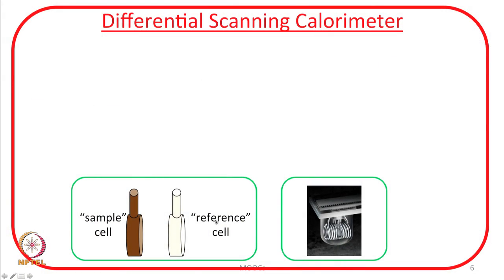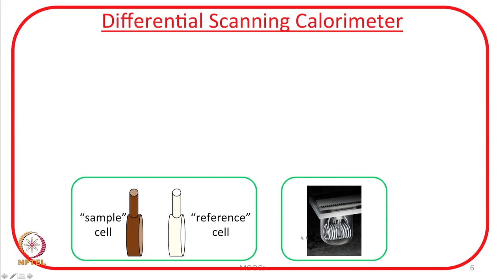Let me first show you the type of cells which are usually used in differential scanning calorimetry or calorimeter, especially for biological systems. Two types of cells are used. This cell, sample cell reference cell pair, is like a lollipop, and the other one is a thin capillary type.